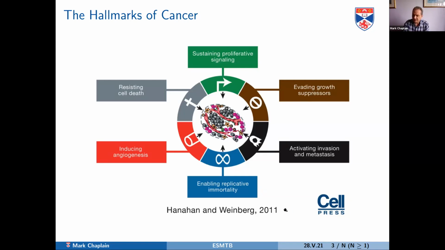There are 4 hallmarks that are related to the cell or subcellular activity. One is that cancer cells have excessive proliferative ability, which gives them a proliferative advantage over normal cells, and that's why you get a mass of cells forming in the first place. Also, cancer cells, through various signaling pathways that have gone wrong, have the ability to resist cell death, so they don't undergo apoptosis, which is the normal mechanism of cell death and growth control.